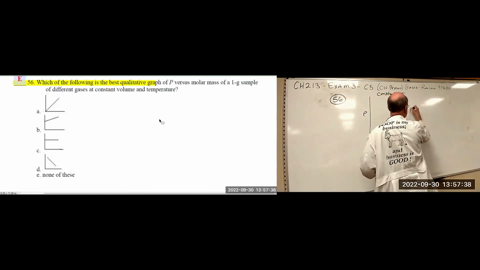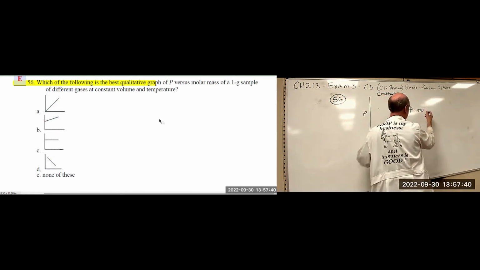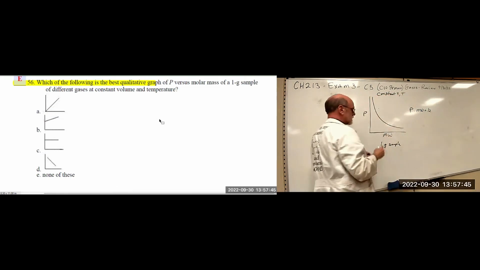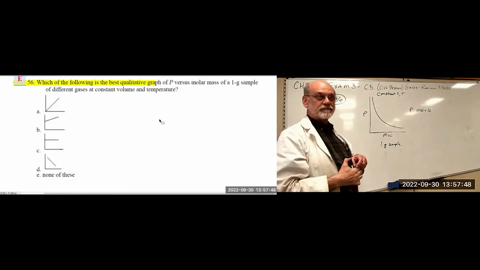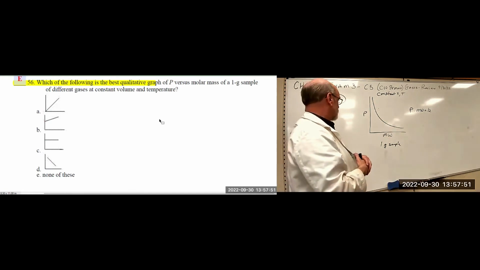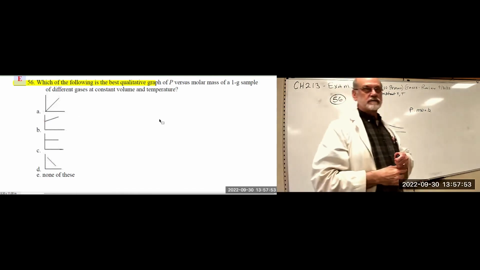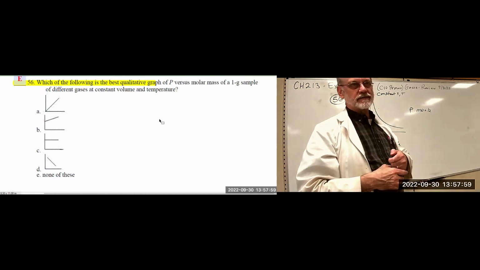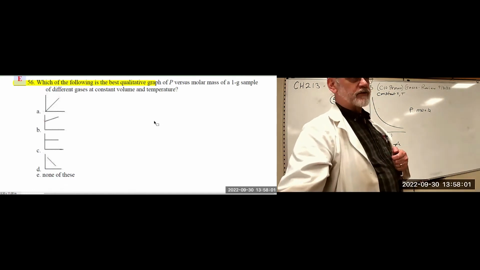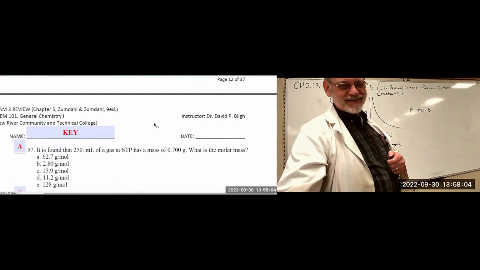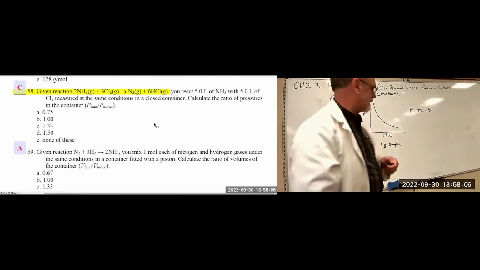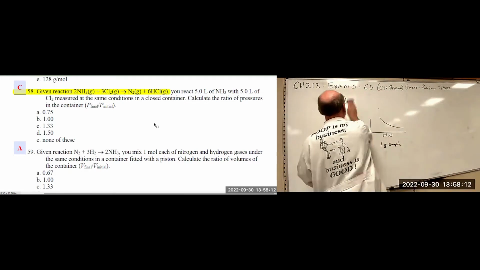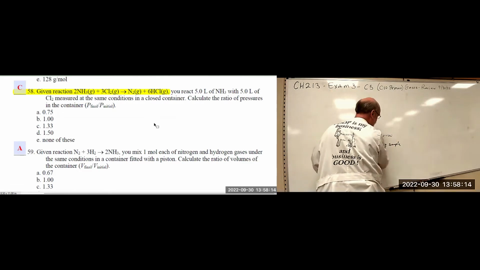So we're looking at something like this. Pressure times molar mass is a constant. So we should get a hyperbola, which looks like Boyle's law. And none of them match. That's why the answer is E. Did that register? Okay. Sometimes I wonder if I'm explaining it right. Makes perfect sense to me. That's not our goal. Our goal is for it to make sense to you.